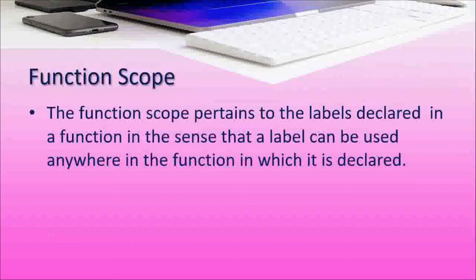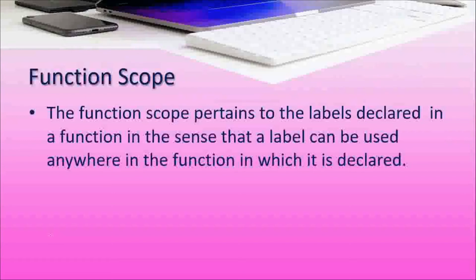Then the function scope. The function scope pertains to the labels declared in a function, in the sense that a label can be used anywhere in the function in which it is declared. If we declare an identifier in a function and it can be used throughout the entire function, then it has function scope.